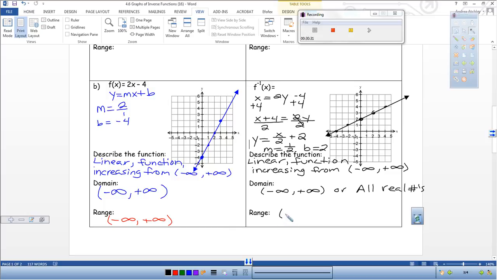Same with the range, it's going to be from negative infinity to positive infinity, or all real numbers. Any questions over that? We're all good? Okay.